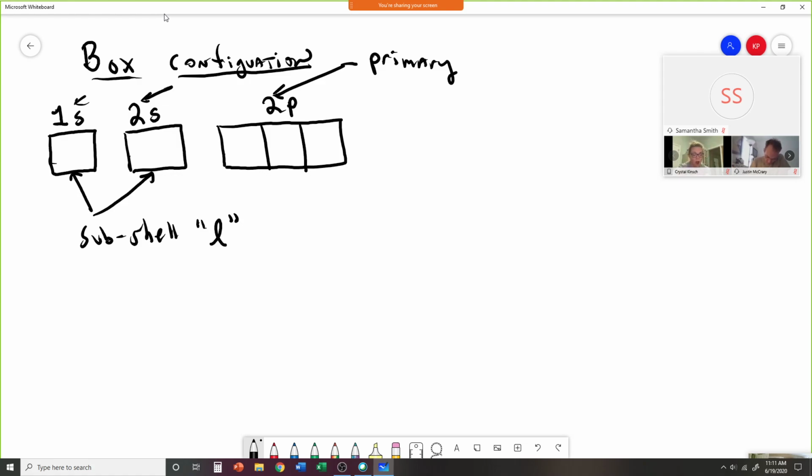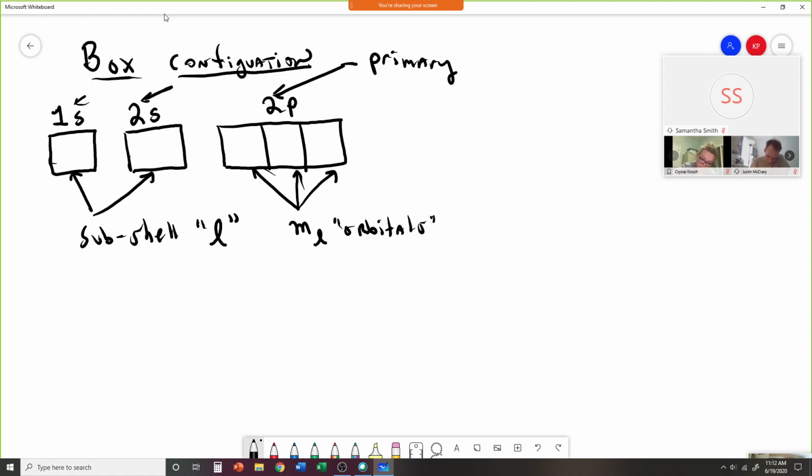And so within these boxes, we're going to put electrons. And so the individual boxes are essentially m sub l, although we're not going to designate them as being -1, 0, or +1, but essentially they are your m sub l, or your orbitals.